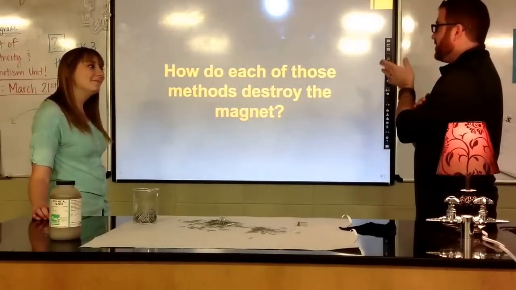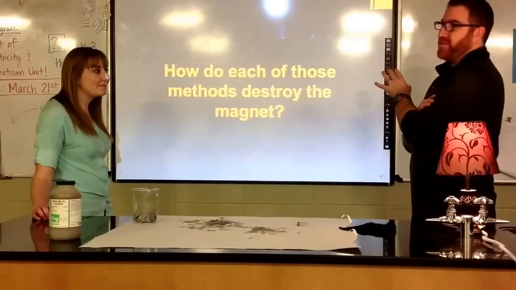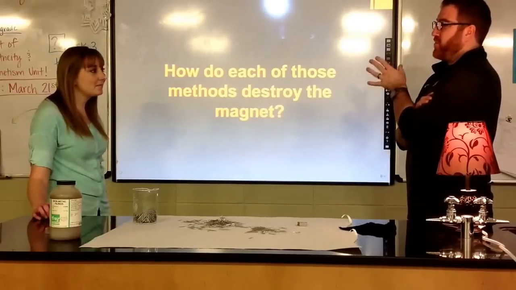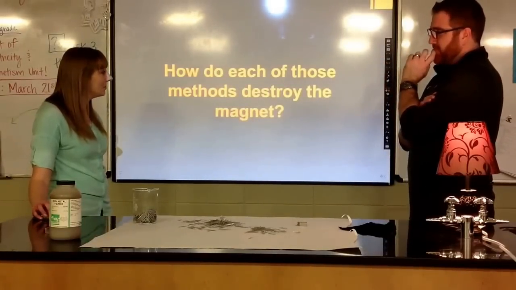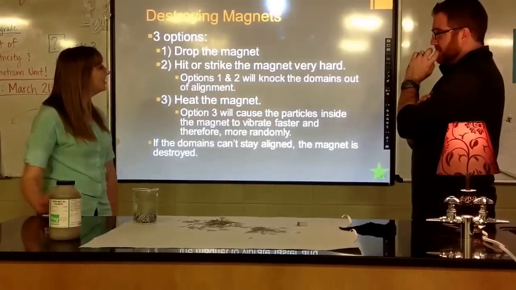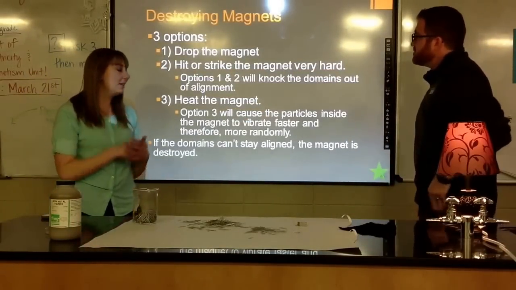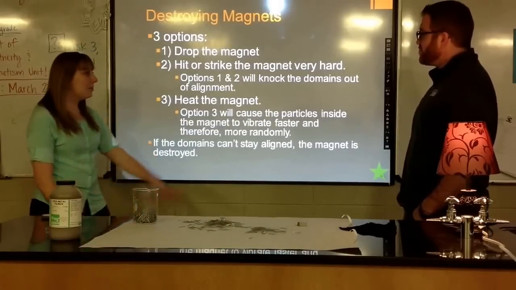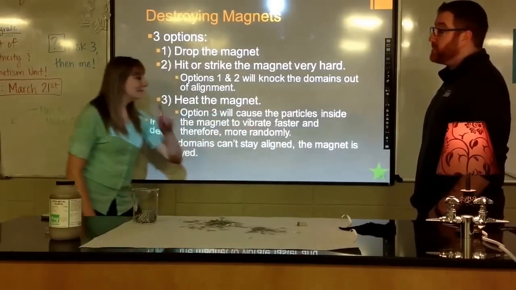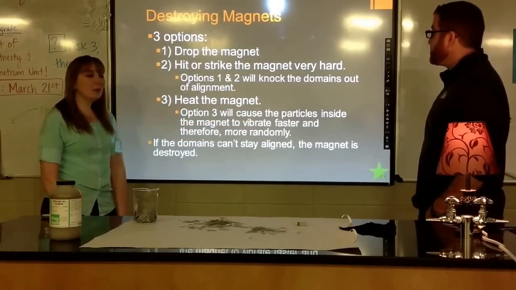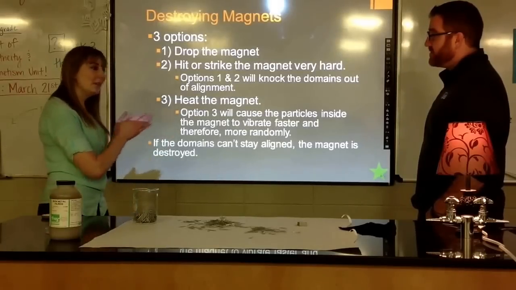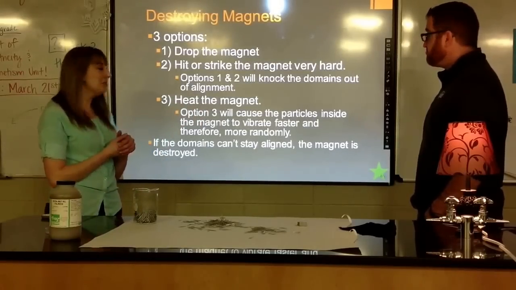So how do each of those methods really hurt the magnet or destroy it? With our first two options of dropping the magnet or striking it on something really hard, remember those domains? If we knock the domains out of alignment, then it becomes an unmagnetized material.